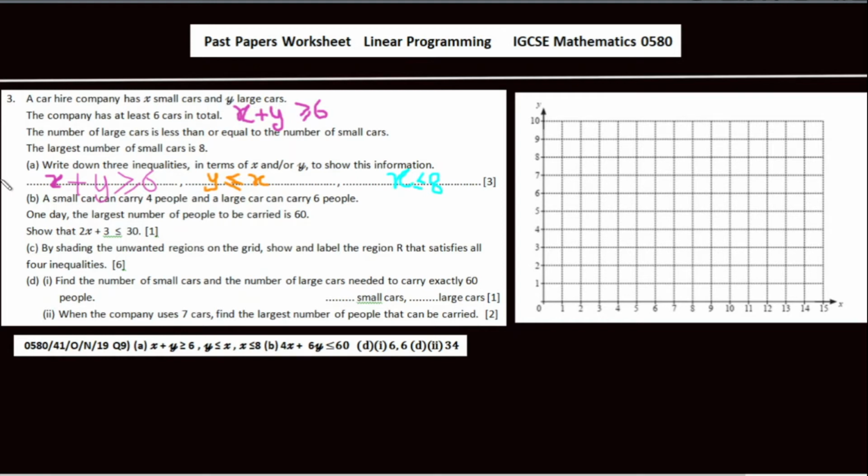Okay, so now a small car can carry 4 people and a large car can carry 6 people. On one day, the largest number of people to be carried is 60. We have to show this inequality.